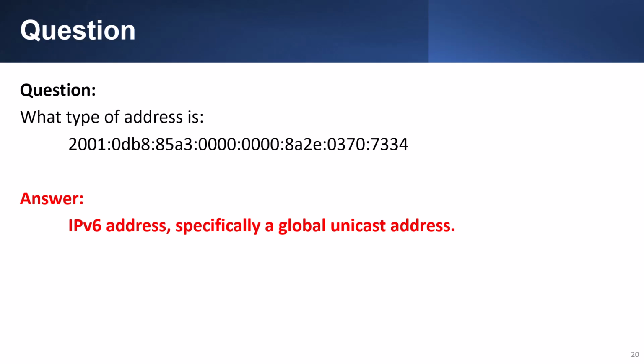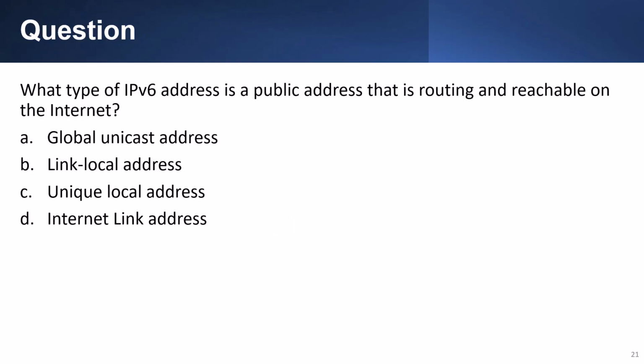Answer: IP version 6 address, specifically a global unicast address. Question: what type of IP version 6 address is a public address that is routable and reachable on the internet? Answer: global unicast address.